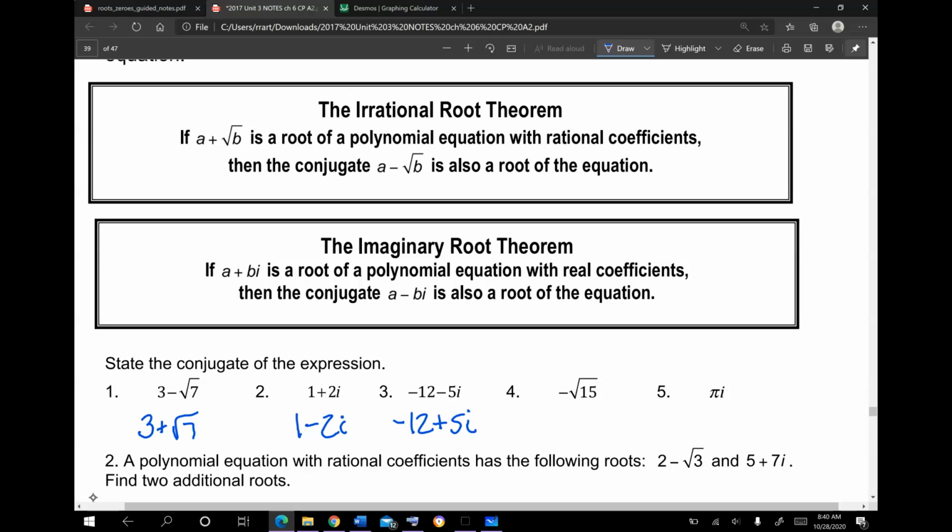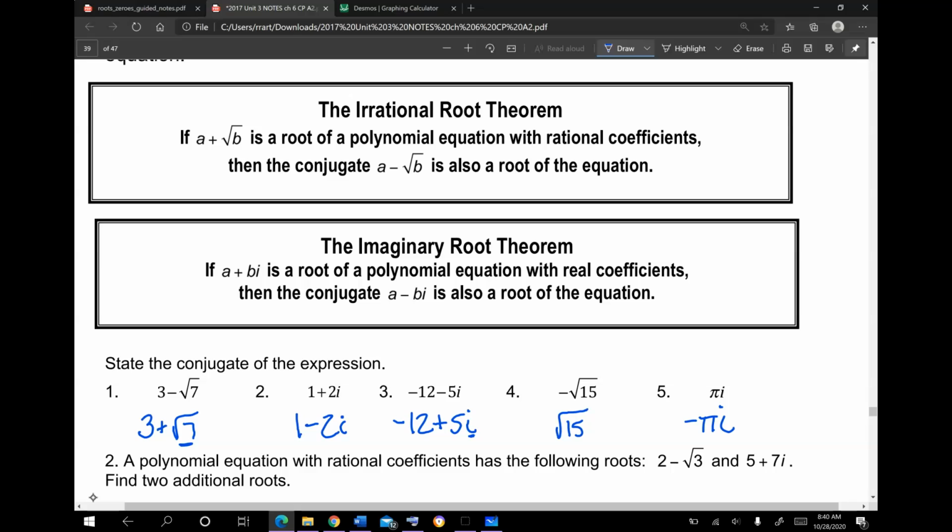Do you see how I didn't change 12's sign? It's only the sign in front of the imaginary or irrational number. Okay? 4. If negative square root of 15 is a solution, then positive square root of 15 is a solution. If pi times i is a solution, then negative pi i is a solution.